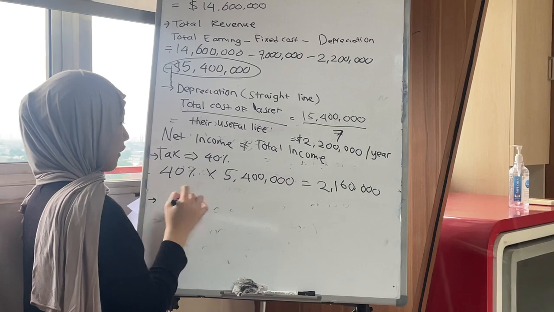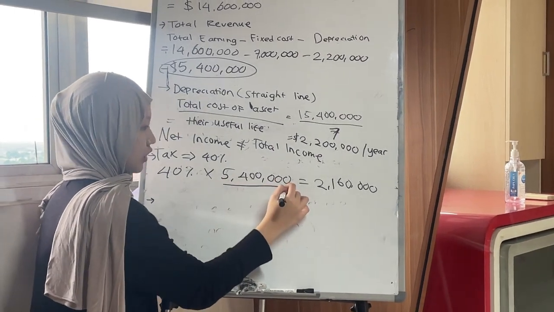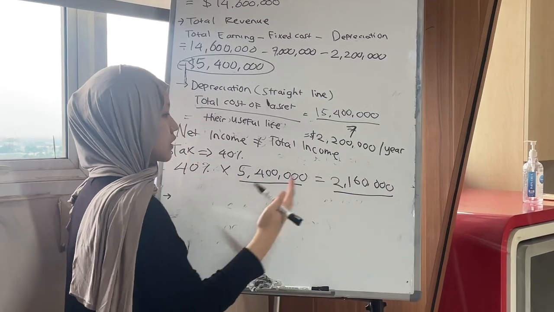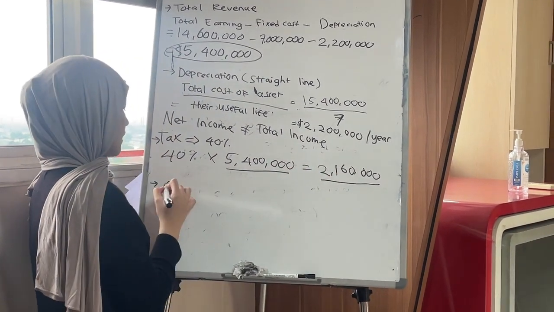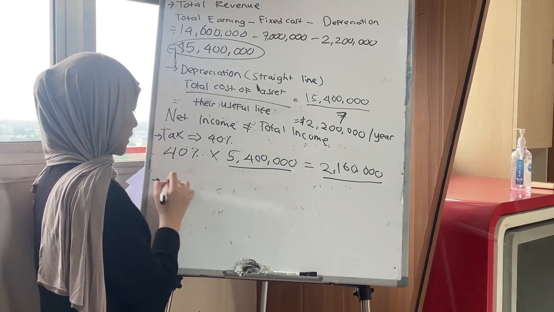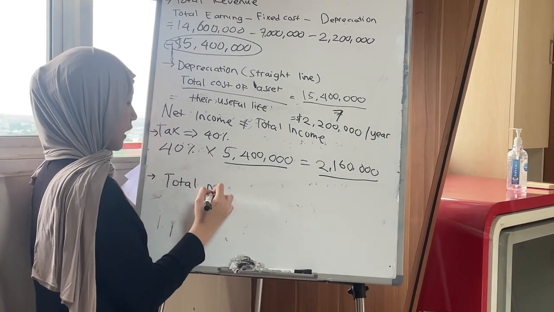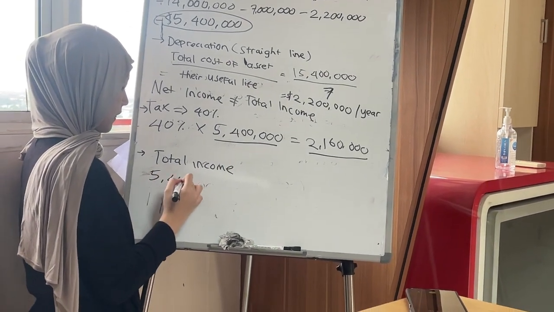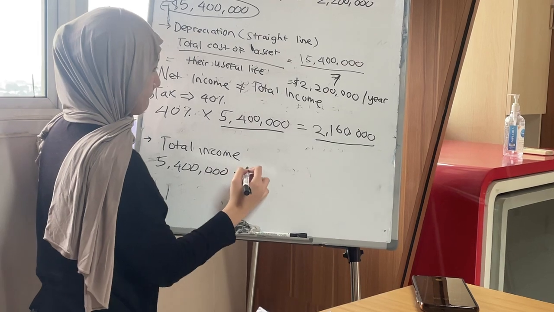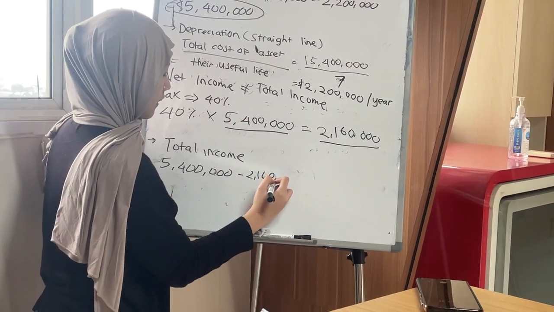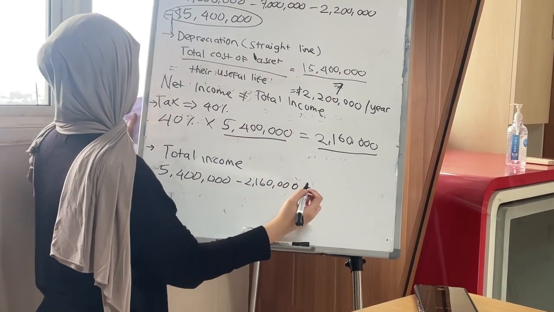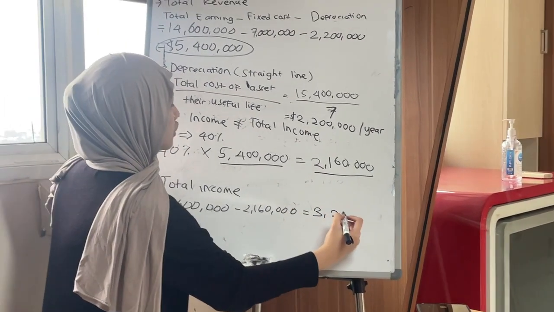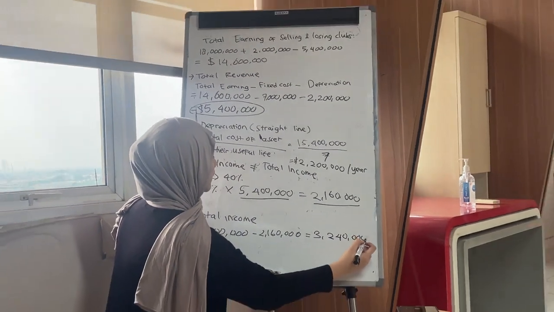So we have to deduct the tax that we have to pay from the total revenue. It means that the net income is $3,240,000.